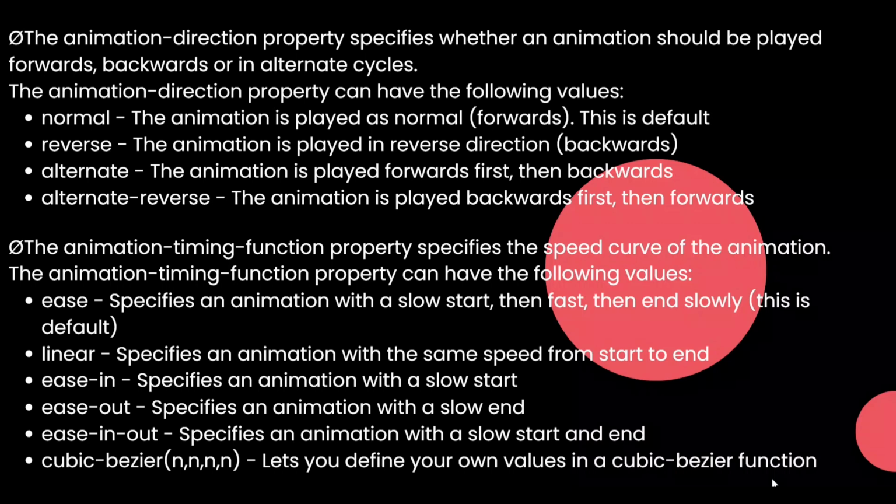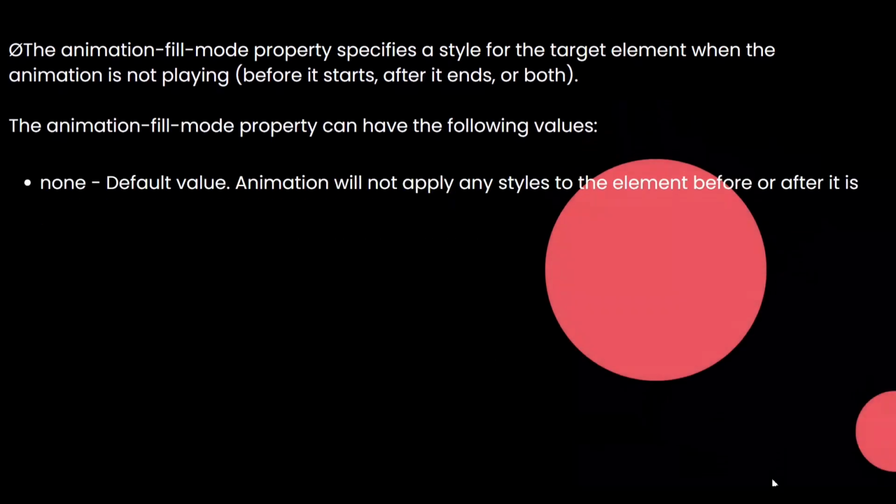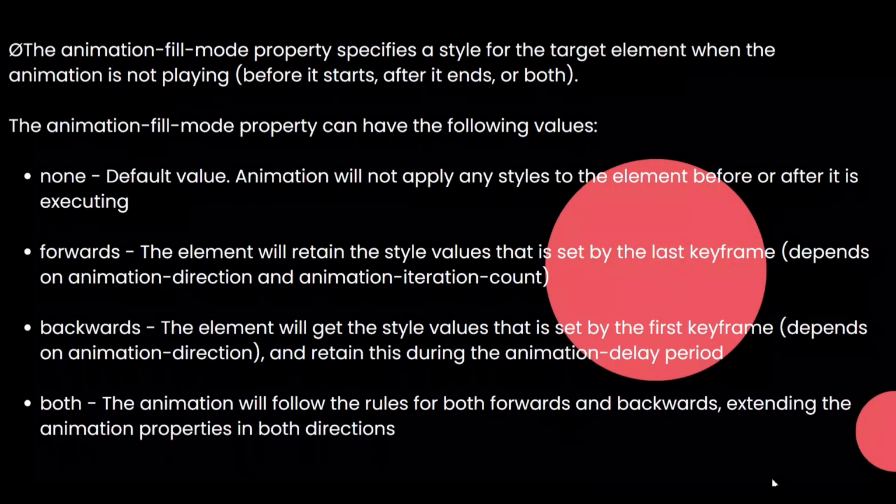That is defined by the animation timing function. Next comes the property animation fill mode. This property specifies a style for the target element when the animation is not playing, before it starts, after it ends, or both. The property has the values none, forwards, backwards, and both. We will discuss this in our code.